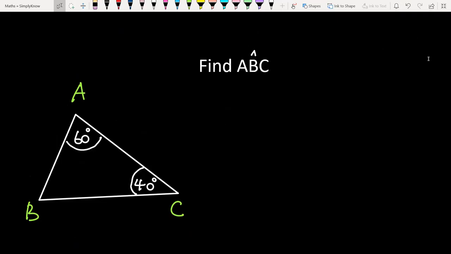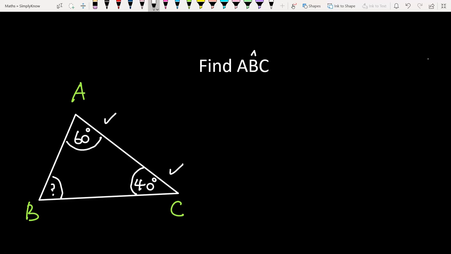Let's start with a simple problem. Find the magnitude of angle ABC. Angle ABC is here. Now here you are given two angles, 60 degrees and 40 degrees. Then you are asked to find the third angle which is missing here.